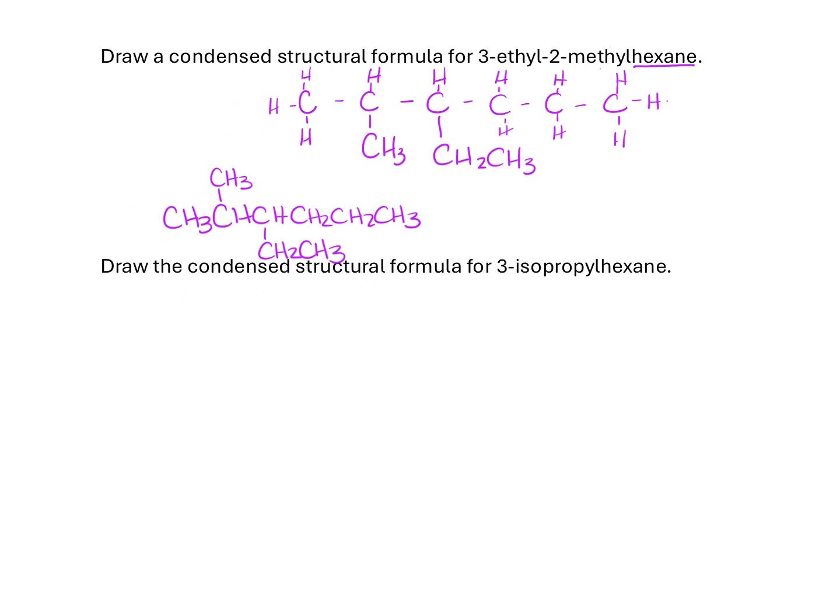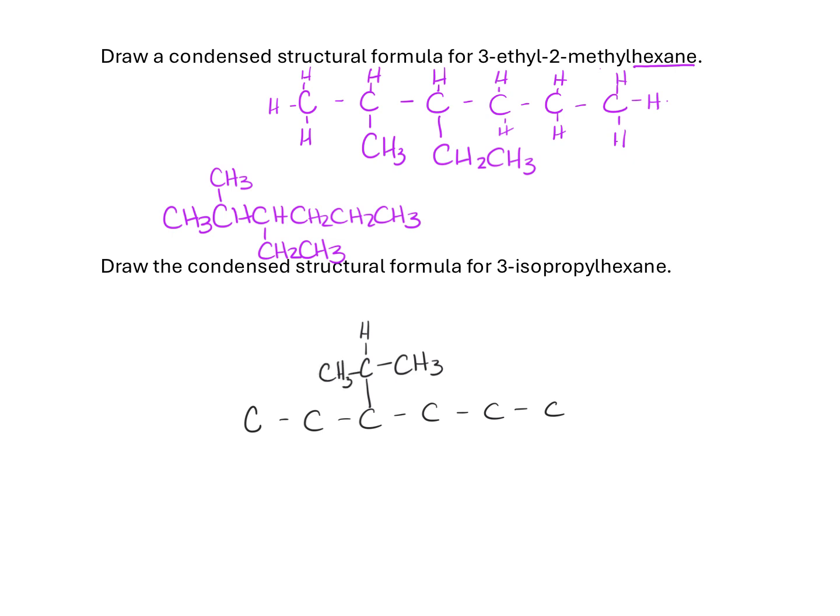This asks us to draw the condensed structural formula for 3-isopropylhexane. Again, I like to start by drawing on my carbons. So there are 6 carbons: 1, 2, 3, 4, 5, 6. In the 3 position, I want to put an isopropyl group. An isopropyl group is a carbon that has two CH3 groups attached.